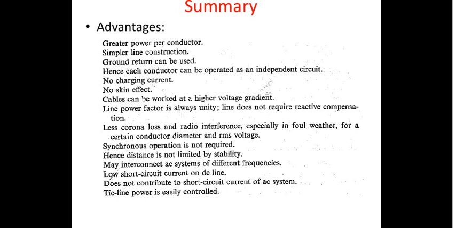Now the first one here is the greater power per conductor. This is already seen, right? Because the HVDC system employs either two conductors or a single conductor in comparison with the HVAC system. Then simple line construction, no need to have the explanation on this again. Ground return can be used in the HVDC system.